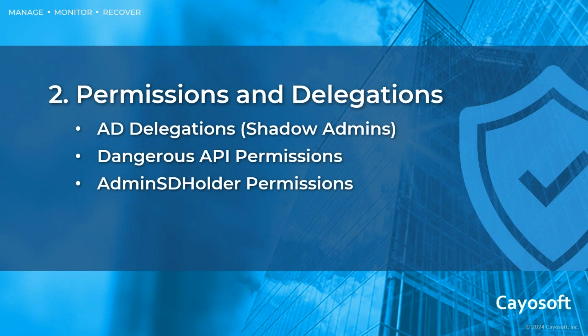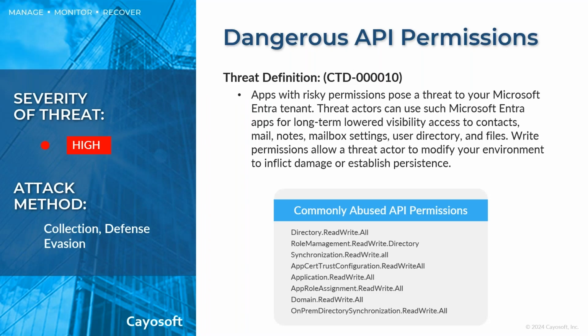We'll do a little bit deeper dive on that, and then we'll do a deeper dive on one of the most critical objects in Active Directory called admin SD holder and the permissions behind that and how it's being used today.